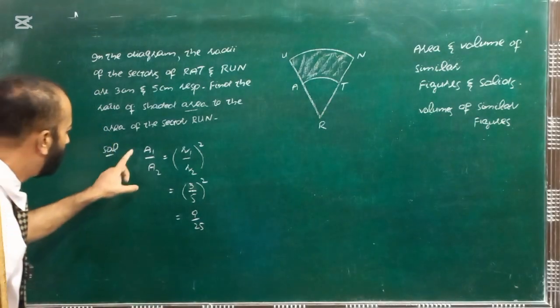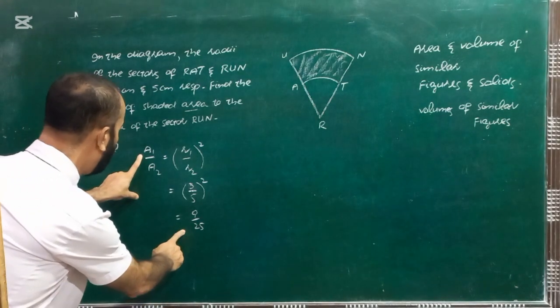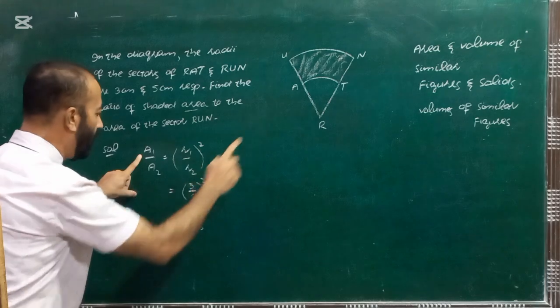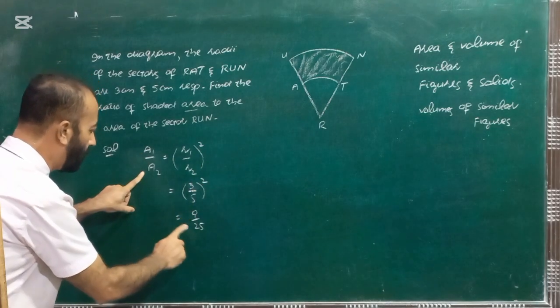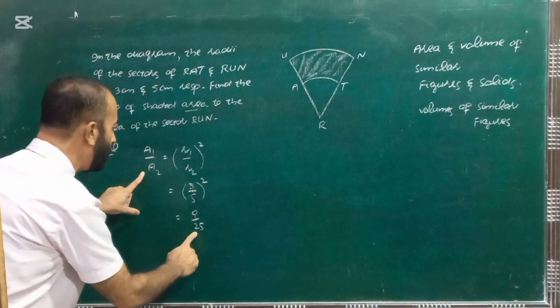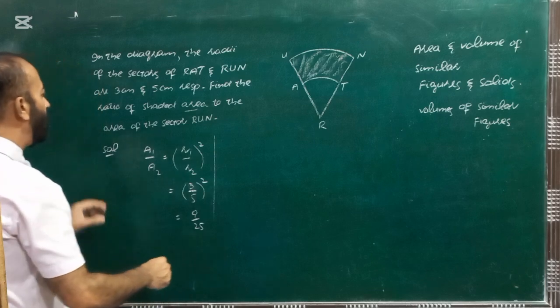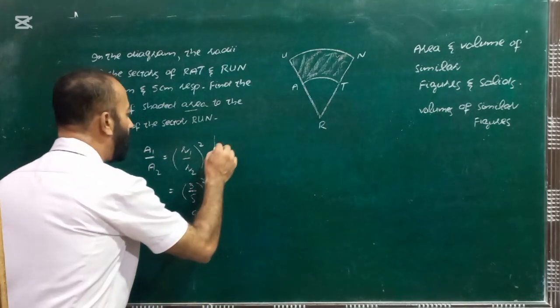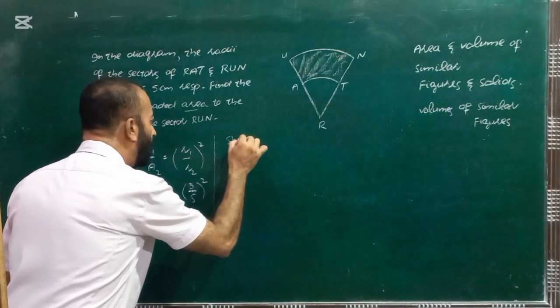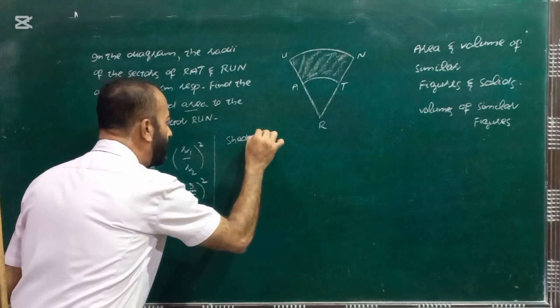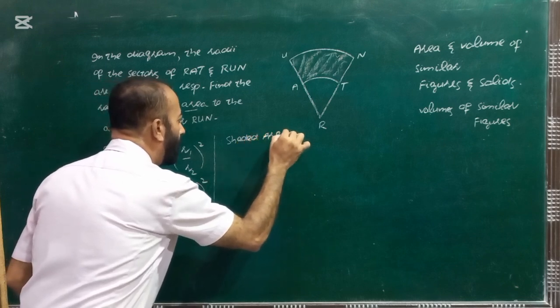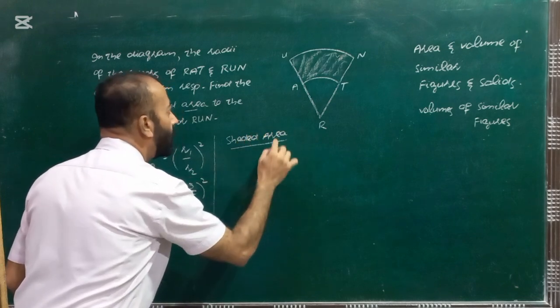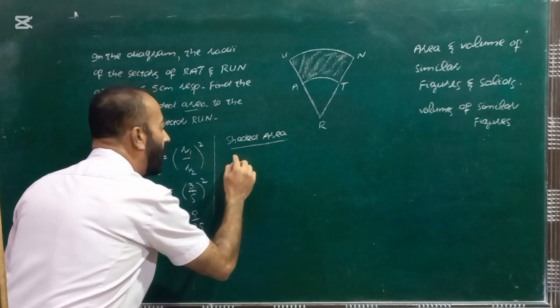So it is clear from the equation now. The smaller cone is having area of 9 and bigger cone has an area of 25. So from here the shaded area is now required. So shaded area over bigger RUN area.